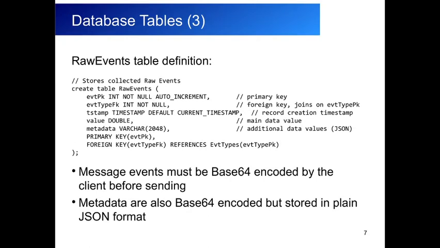If you go to the raw events table definition, apart from the primary and foreign key, which are useful for the design of the database, the meaningful data are the timestamp, a double value for storing whatever is read from the sensors, and also metadata to store any textual values or additional values that can be base64 encoded.